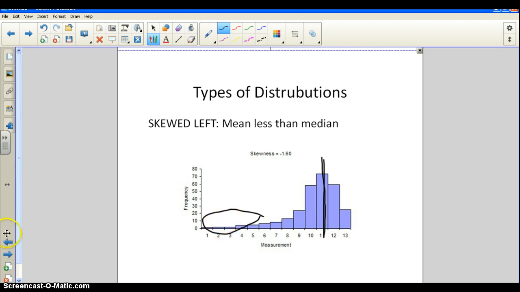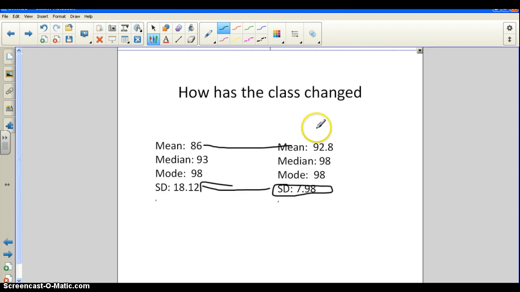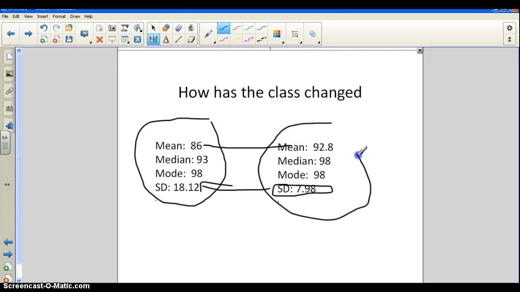So if we go back to our test scores, this one is skewed, right? Because the mean does not equal the median, and this one is also skewed. So here, the mean is lower than the median. So that 52 was making the data skewed to the left. That 52 was an outlier, so it was towards the end of the histogram, and made the data skewed to the left.